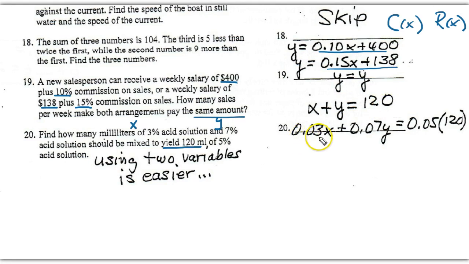So 3% of the x plus 7% of the y is going to yield 5% of the 120. And we're going to keep this under 40 minutes. So again, we didn't solve this, you could imagine.